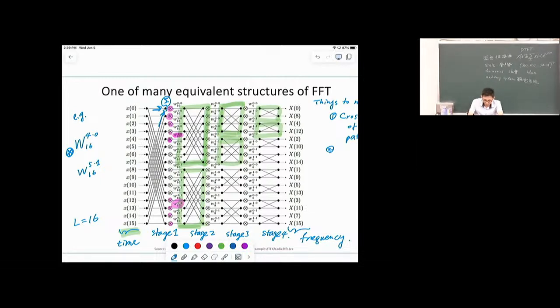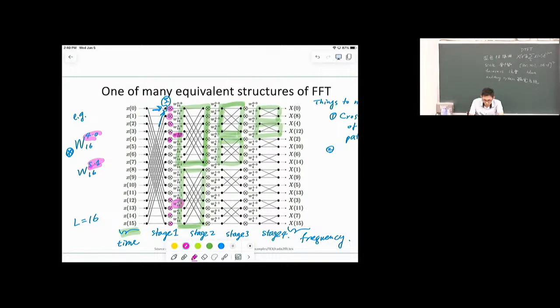First of all, the index on top, these really are the exponents. 是几次方啊. The superscripts, 上标, tell us that they are the exponents. 确实就是几次方, exponent. W raised to the power of 5 times 1.